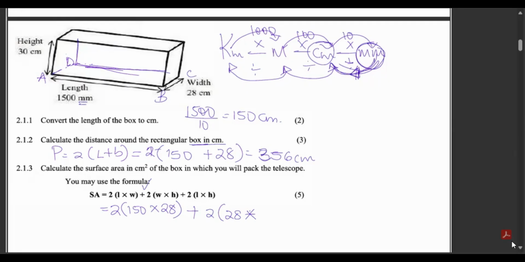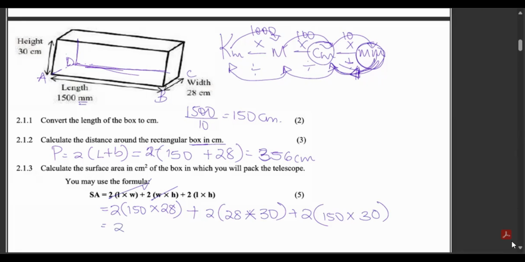The height is 30. That's done. So this is done. We said 2, open brackets, length, which is 150, times what's the height? 30.